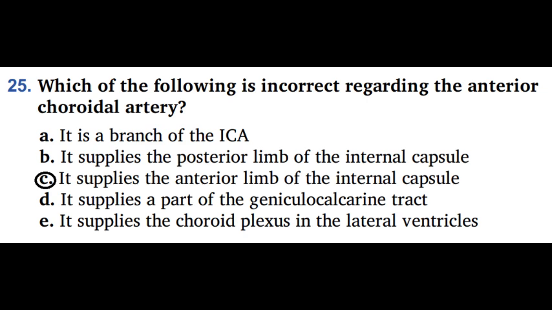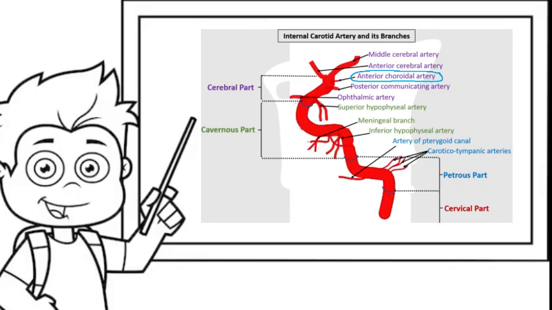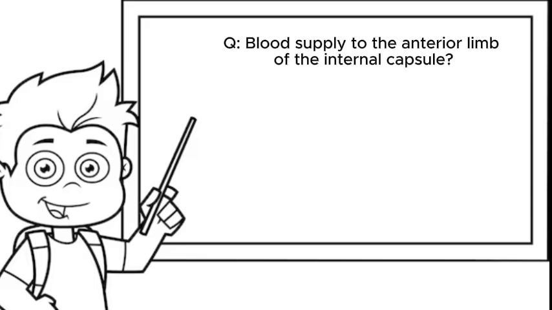That's wrong. The anterior choroidal artery arises from the ICA, the internal carotid artery, just above the origin of the posterior communicating artery. It does not supply the anterior limb of the internal capsule. Can we recall the blood supply to the anterior limb of the internal capsule?